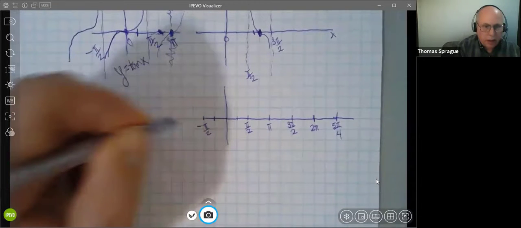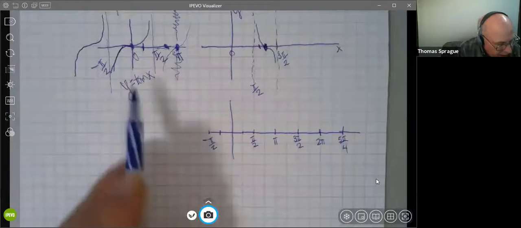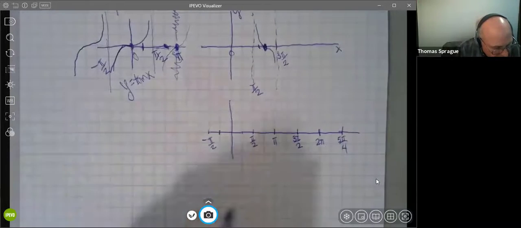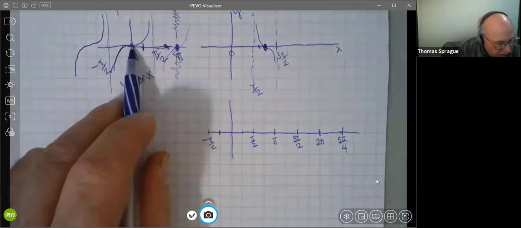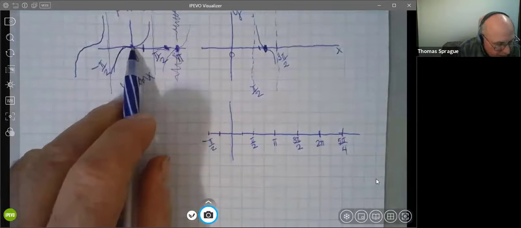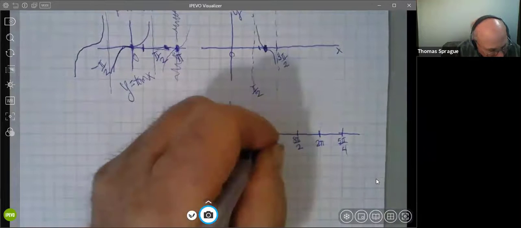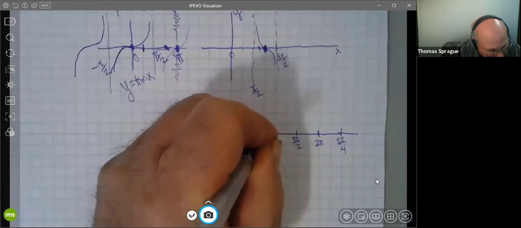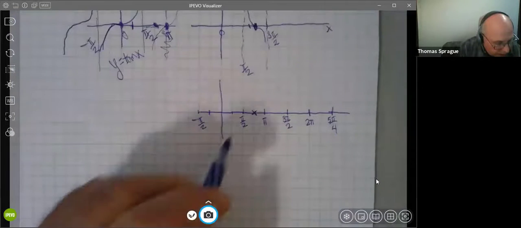Okay, so originally from minus pi over 2 to pi over 2 gets this branch, and that shifts now by pi over 4, shifts to 3 pi over 4, which is right here. All right.